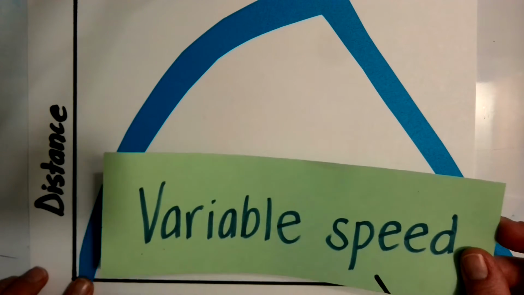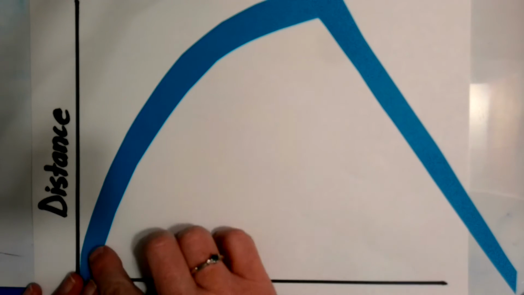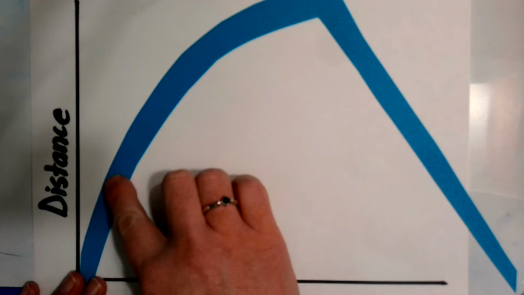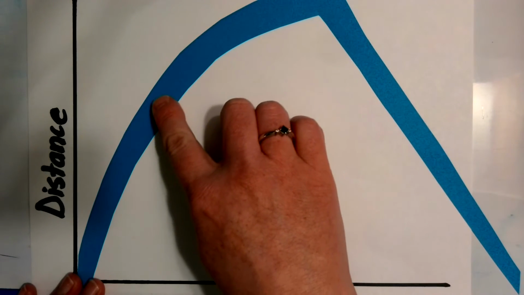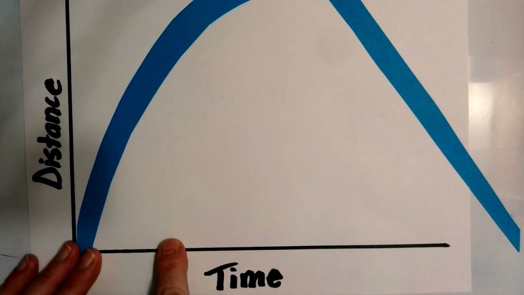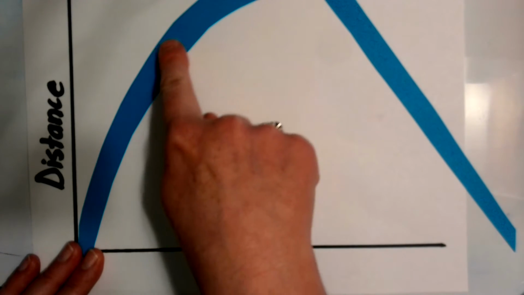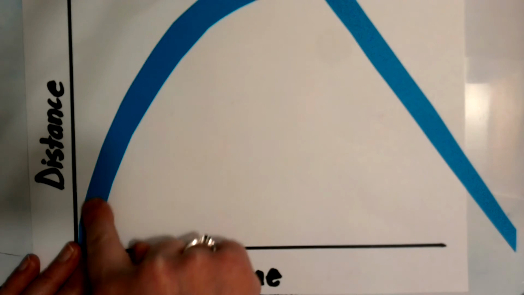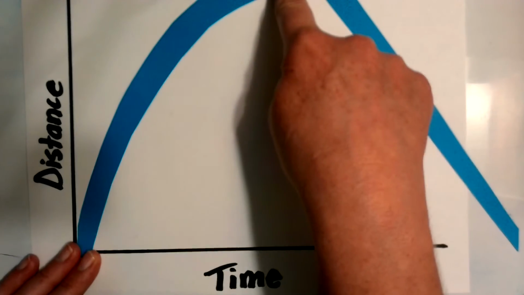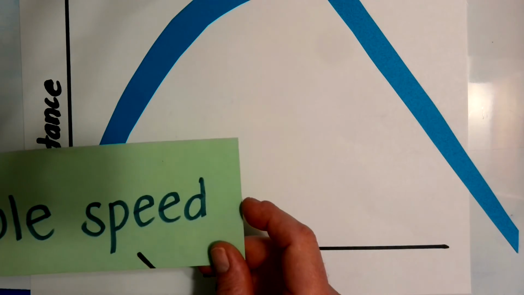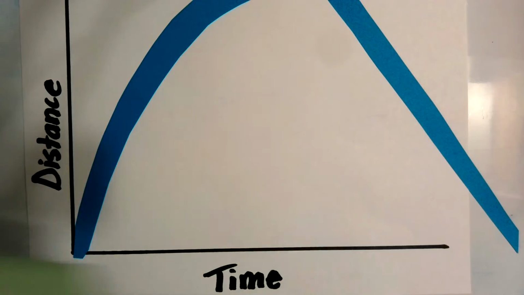So think about it. You took off, you were excited to go somewhere, you started running really fast, but over time, your distance for the same amount of time slowed down. So you started off really fast and you were slowing down over time. And we would say this is a variable speed. So variable speed goes with a nonlinear portion of the graph.